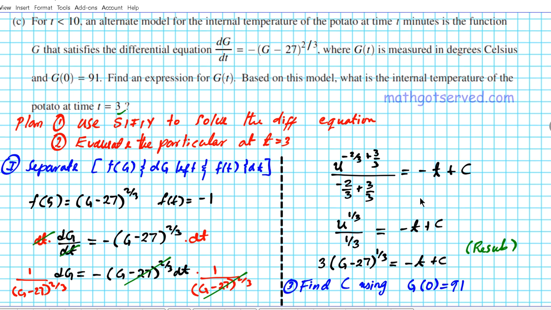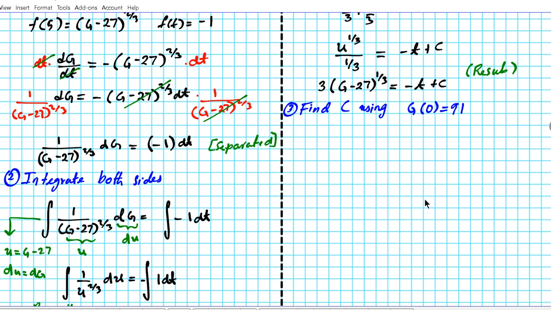So that's what we're going to be using right here. So what does this mean? It just simply means we're going to substitute 0 for t, and then substitute 91 for g, and then solve this equation for the resulting c value.